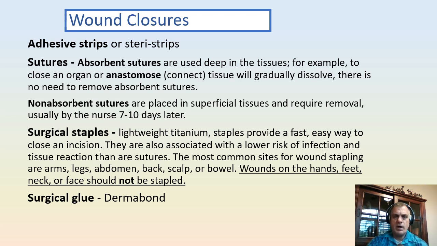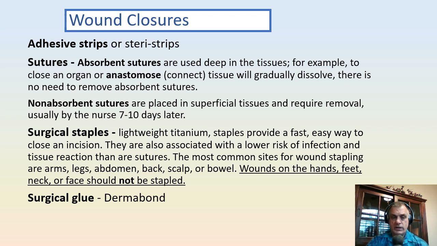If they are not removed, they will start to get embedded into the granulating tissue, and they become very tender to take out. They hurt, and the wound edge is inflamed. So as soon as that incision line starts to really look pink and granulated and it's pulled together, those sutures need to come out, okay?